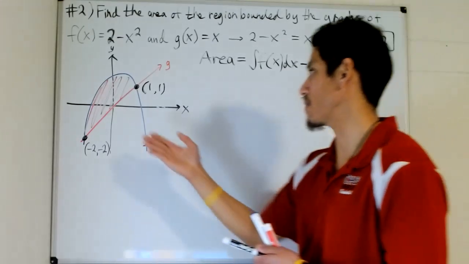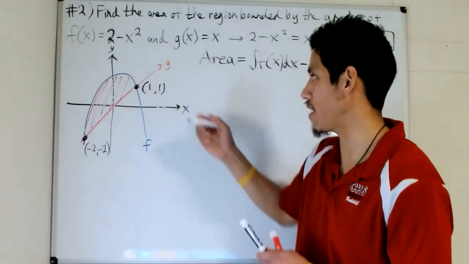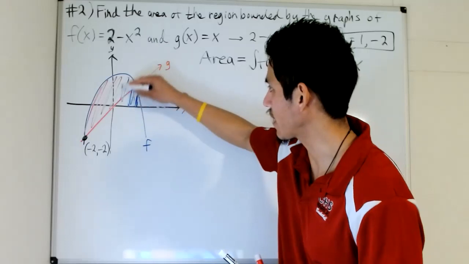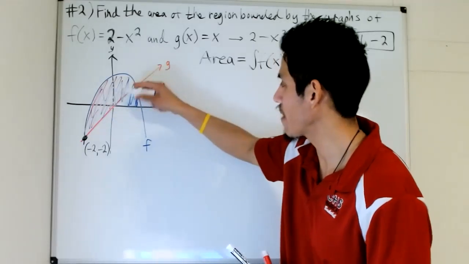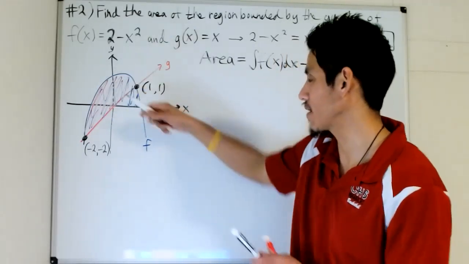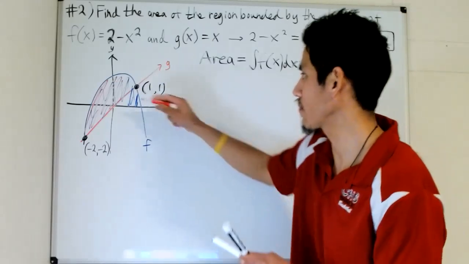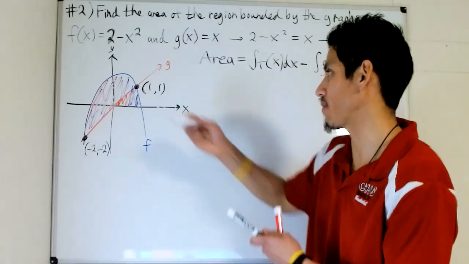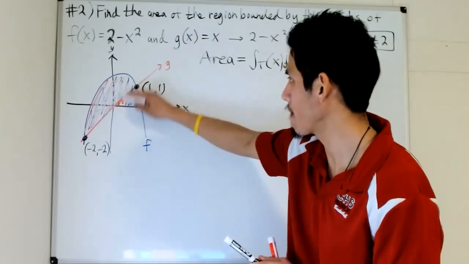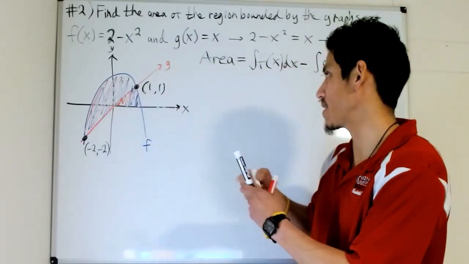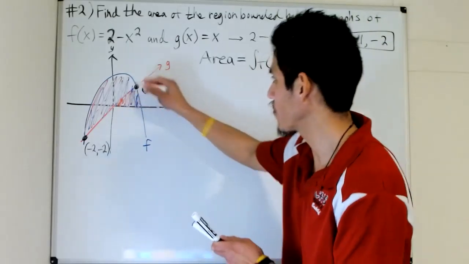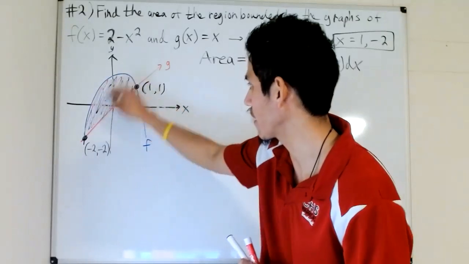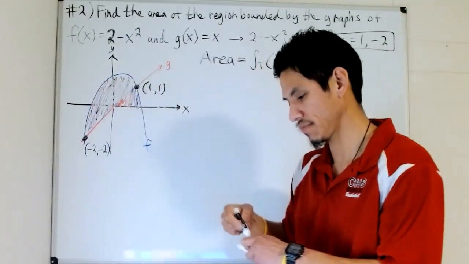And again, that's because if we wanted to find the area just below f, you would get this entire thing, and then from that you would subtract this portion here. So the entire blue area minus this tiny red area would give me this black area.